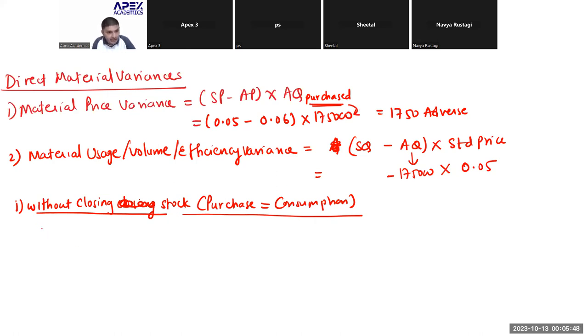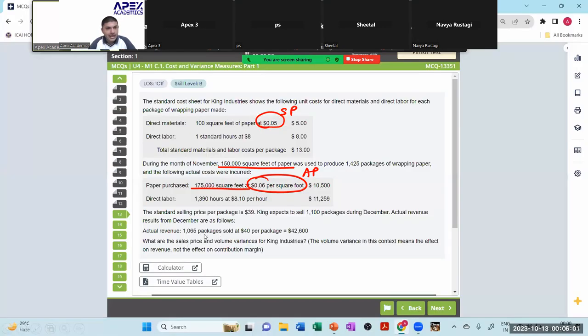Now the question for standard quantity arises. Please understand that for one package, I need how many square feet? 100 square feet. What is your actual performance? How many packages? 1065 packages.